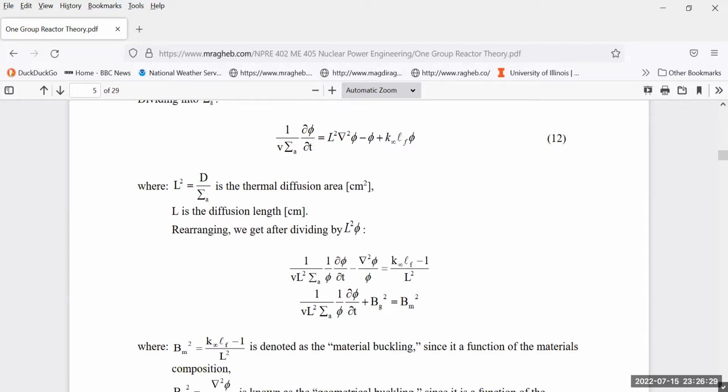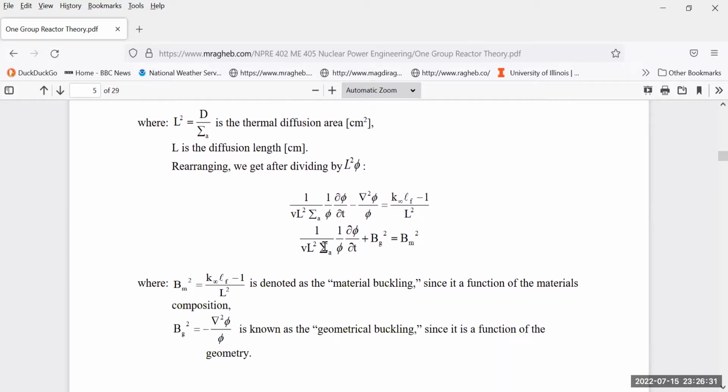Now, notice that we have a time-dependent term here, and then this term depends on the geometry. It is the gradient of the gradient, which is a Laplacian. This describes how steep the distribution of the flux is in the reactor relative to the flux itself.